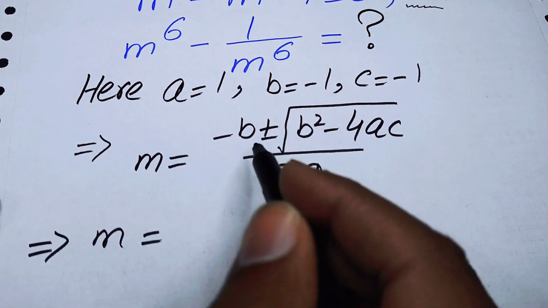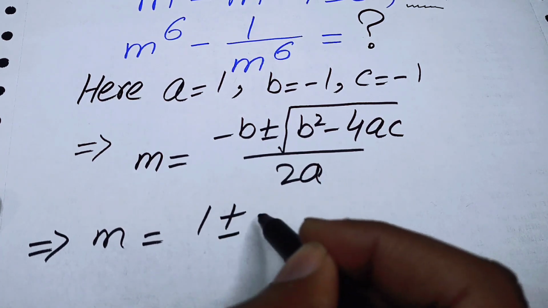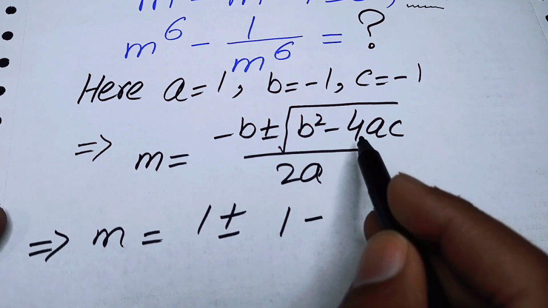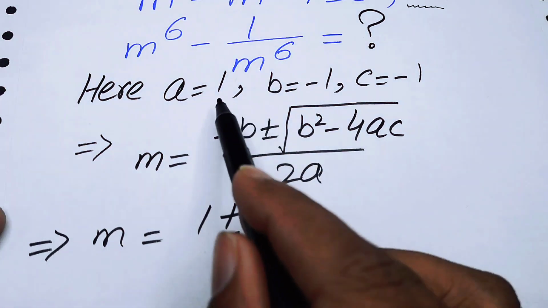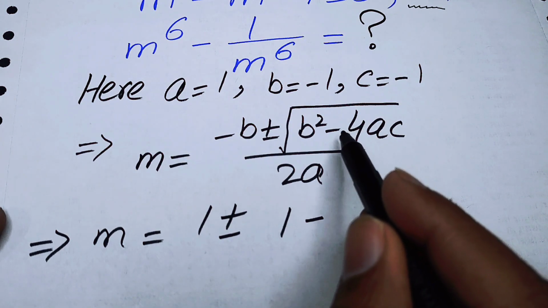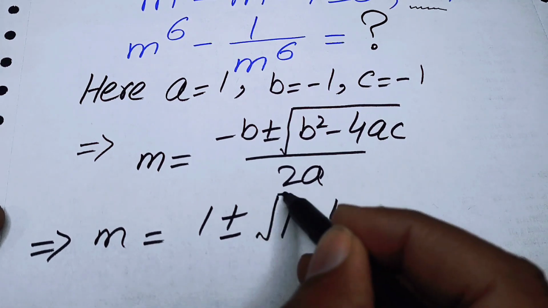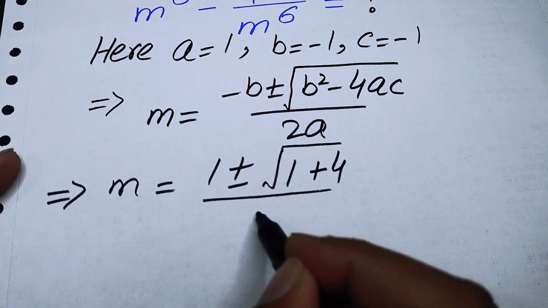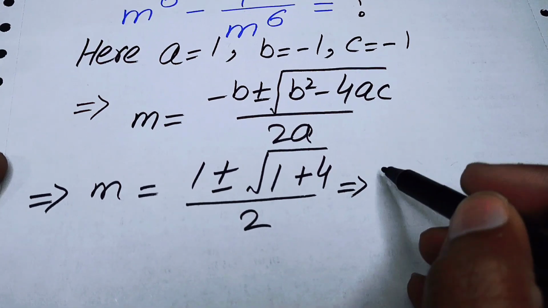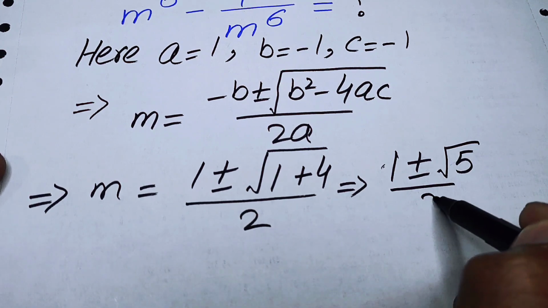We substitute the value b, which is minus 1, so it will become plus 1, and plus minus the square root of the square of minus 1, which becomes plus 1, and when we multiply 4 by 1 into minus 1, it becomes minus 4, so this negative sign becomes positive, over 2. So I can write this expression as 1 plus minus square root of 5 over 2.